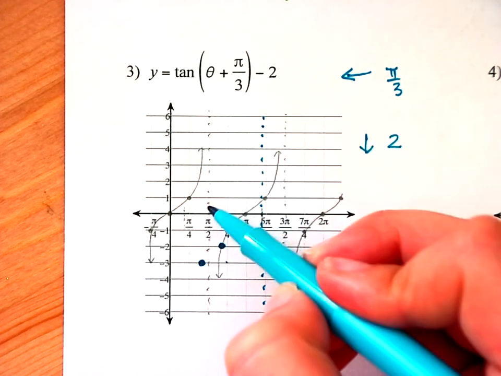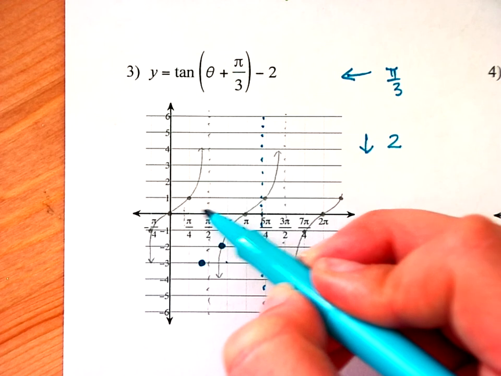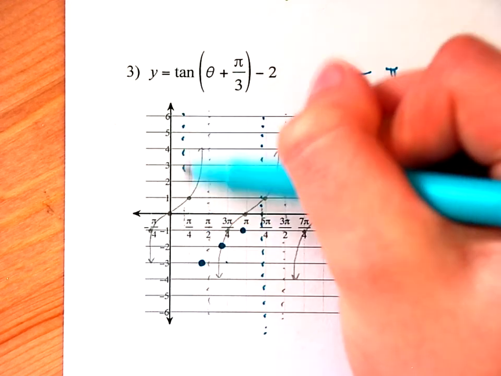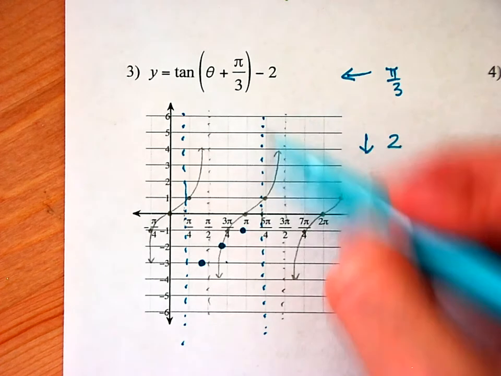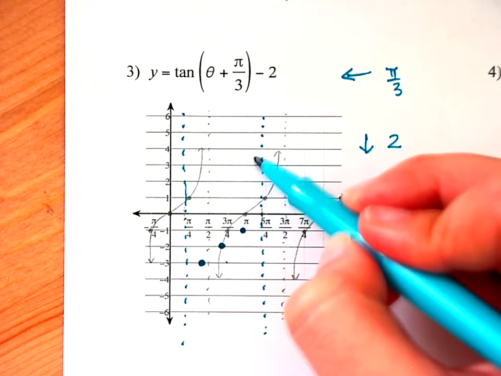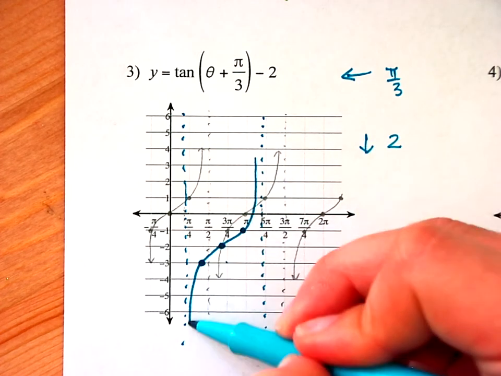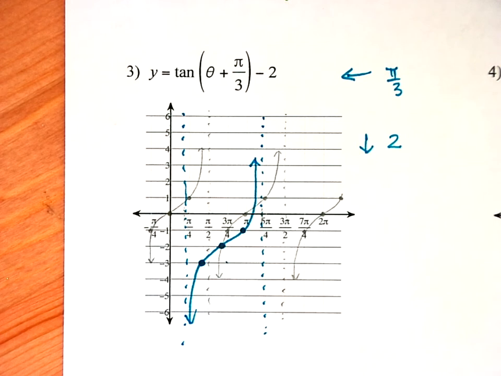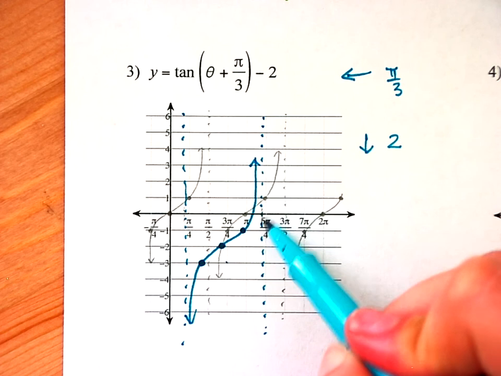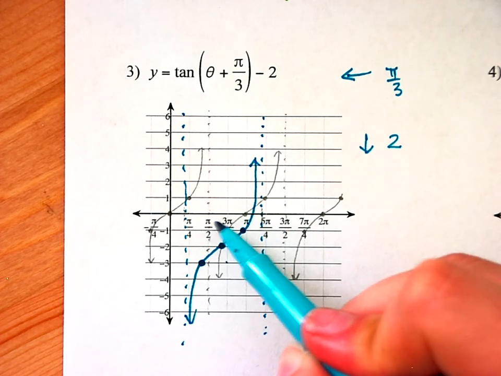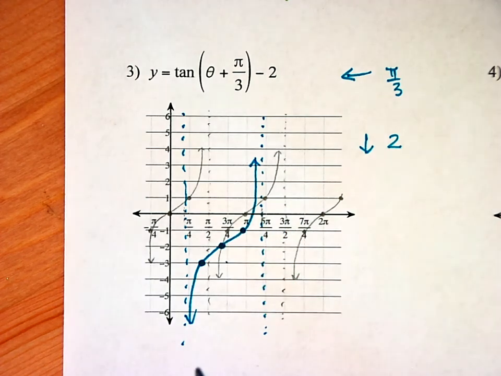And then I'm going to take this one right here, again, move it over about 1/3. So right here. And now you can see I have my 2 asymptotes to draw my tangent graph in. So what I want you to see here is that this graph right here in pencil, the parent graph, has shifted down 2 and over 1/3, and now we have our blue graph.